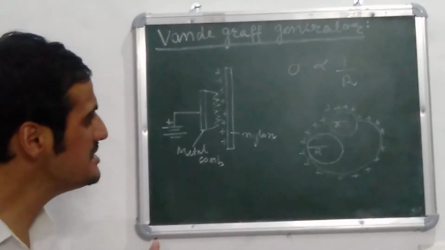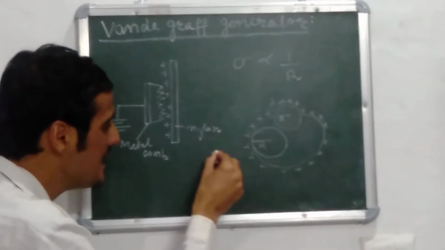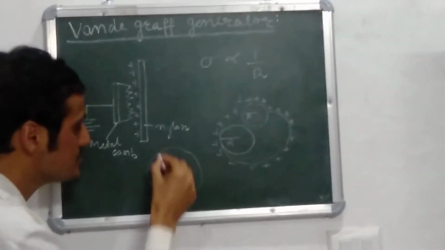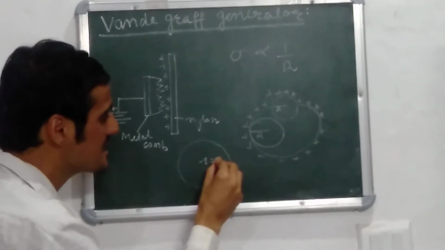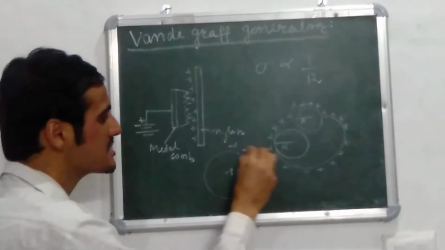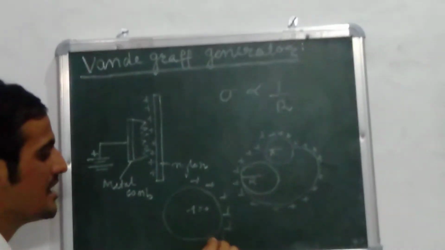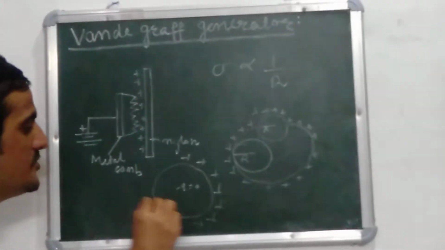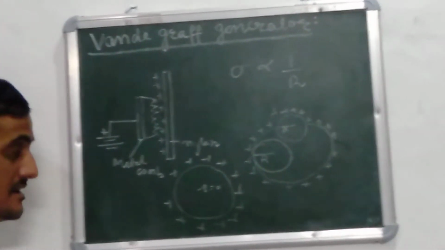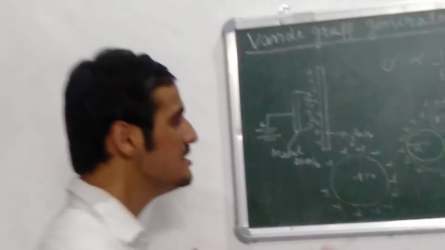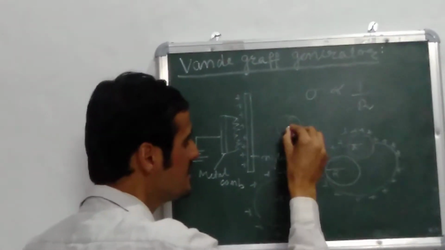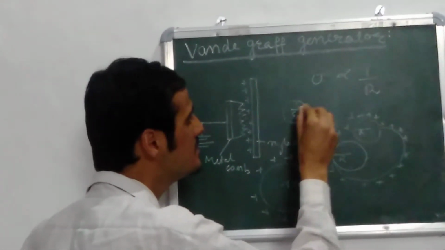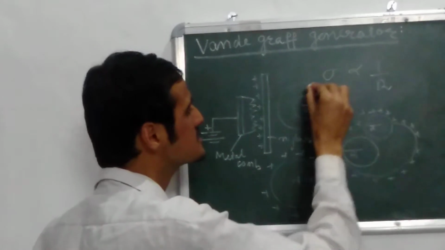And another principle is that charge resides on the surface of the sphere. As we know, the charge inside a conductor is 0; it resides outside the sphere. We take another example. This is a small sphere with a charge of 5 coulomb, and this is another sphere with a charge of 10 coulomb.